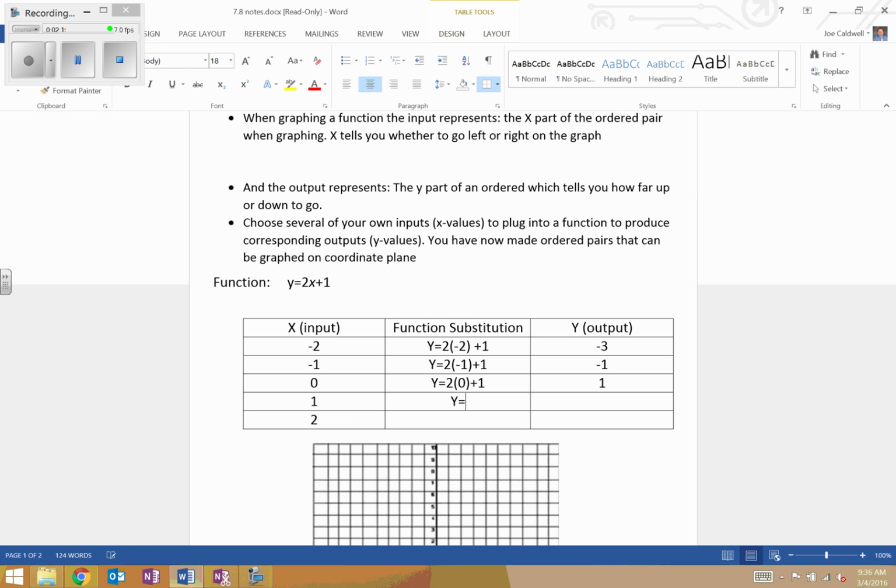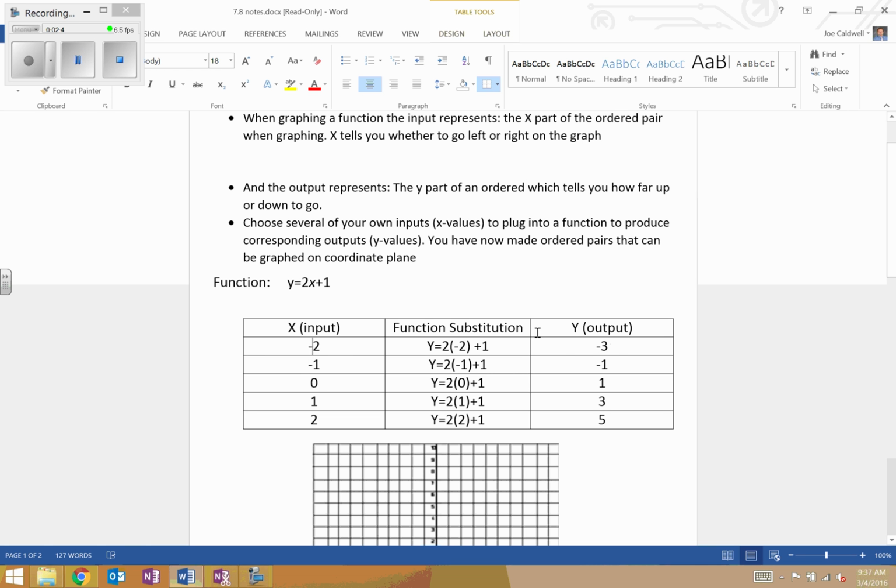And continuing on, 2 times 1 plus 1 is 3. And 2 times 2 plus 1 is 5.